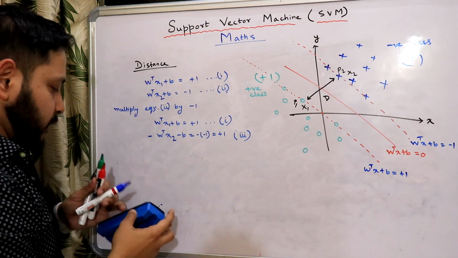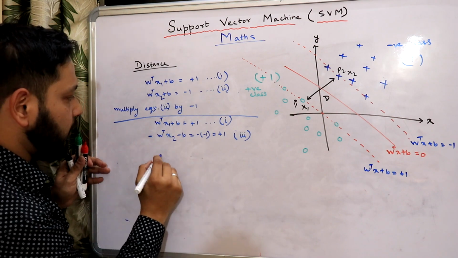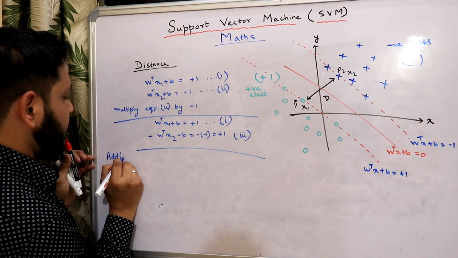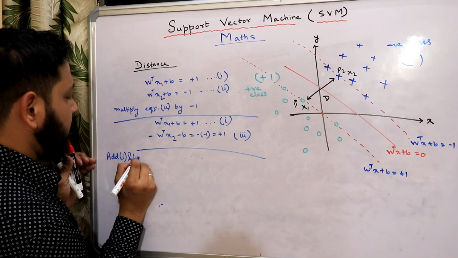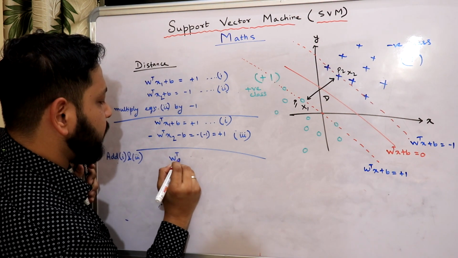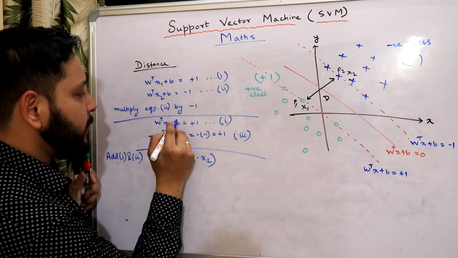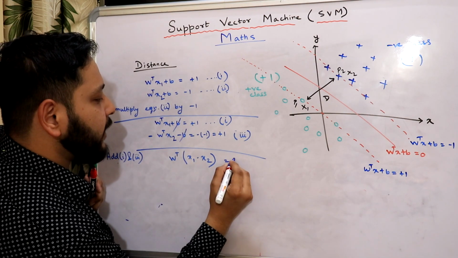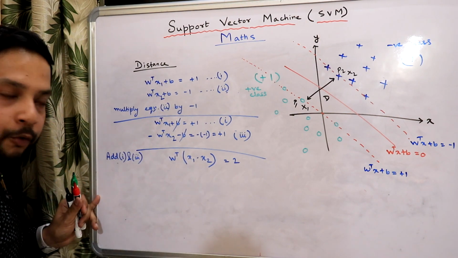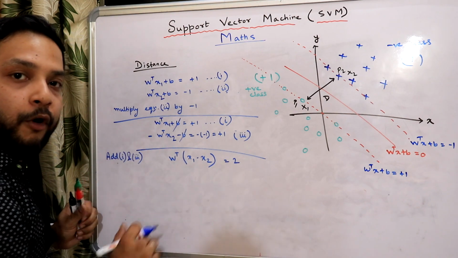So I have these two equations. Now if you add equation 1 and 3, then what do you get? w transpose of x1 minus x2, b will get cancelled, and we will get 2. Now we have to divide both sides by the norm of w.